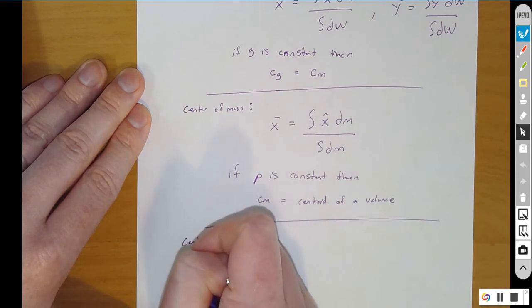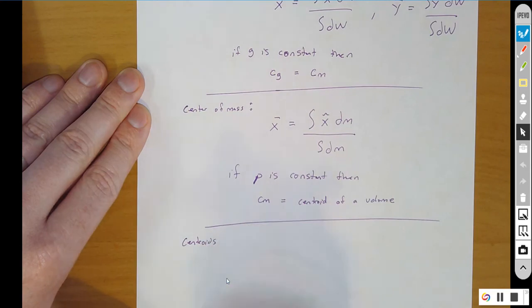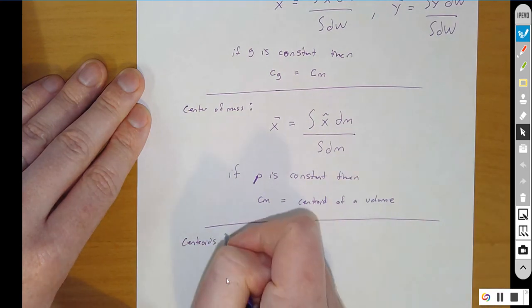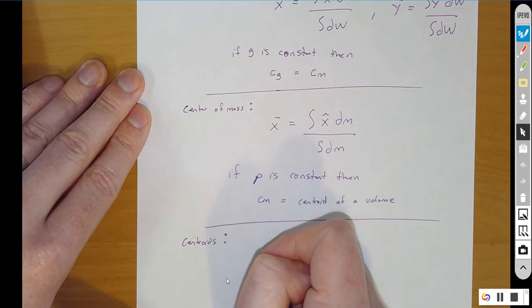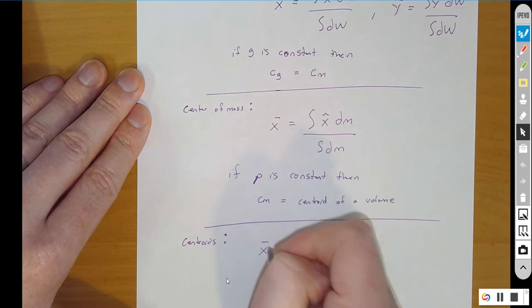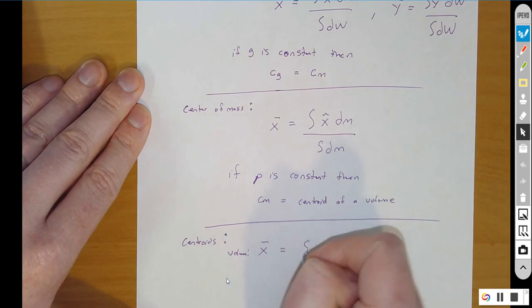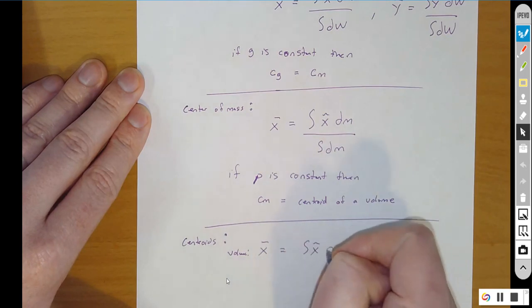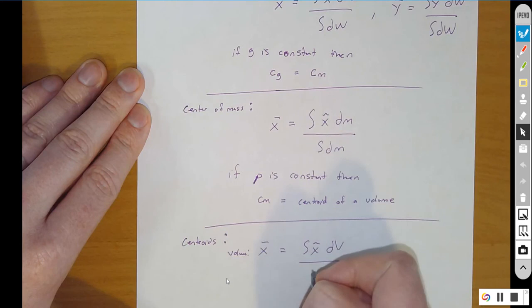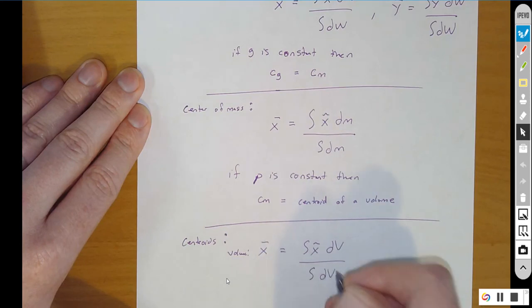So centroids. If you can make these assumptions, then you can go down and find the simplest version. So for a volume, x bar is the integral of x tilde d volume divided by the integral of d volume.